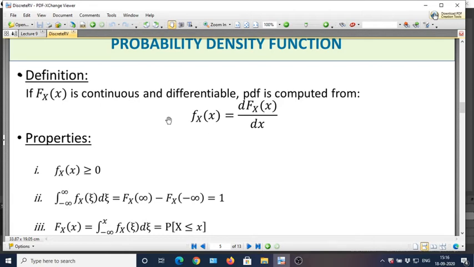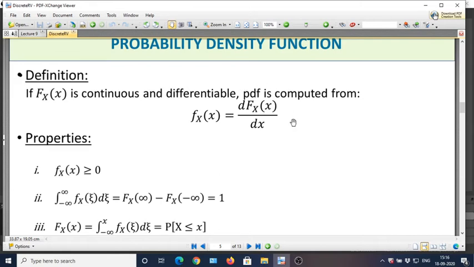Well, now if you look at the properties of this probability density function, again we may use the shorthand notation PDF for this. Here there can be a confusion whether the acronym PDF denotes the probability density function or the probability distribution function.